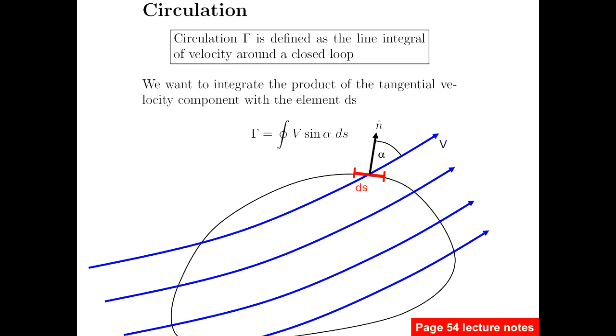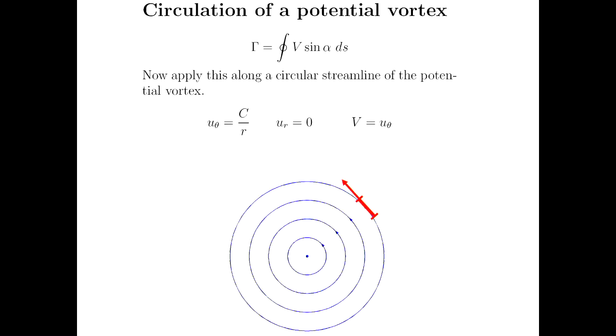Okay. So this term here would be my velocity parallel or tangential to my line, in this case ds, right? And I just integrate it over this entire closed loop, right? Okay, so if I do that, I'll get circulation.